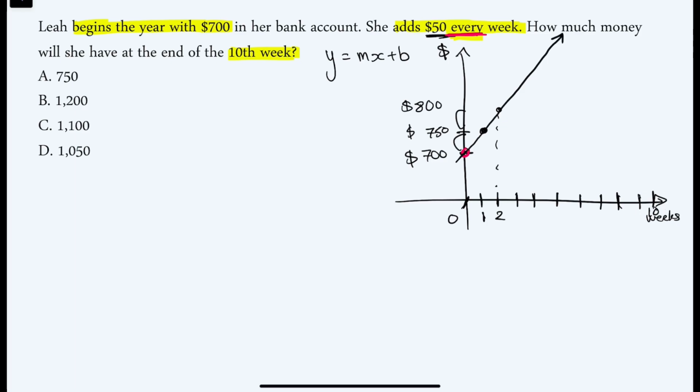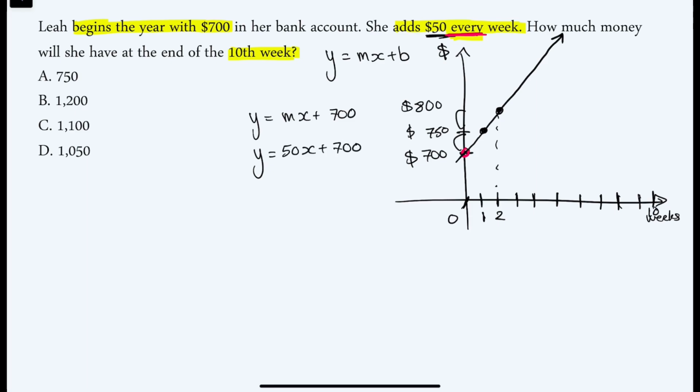Okay, well, what we notice here is the y-intercept is 700. So y is equal to mx plus 700. The rate of change, well, that's the slope. We can see that we're increasing each time by $50 as we go from one week to the next. That's the rate of change, right? So we're going to plug that in. y is equal to 50 times x plus 700.